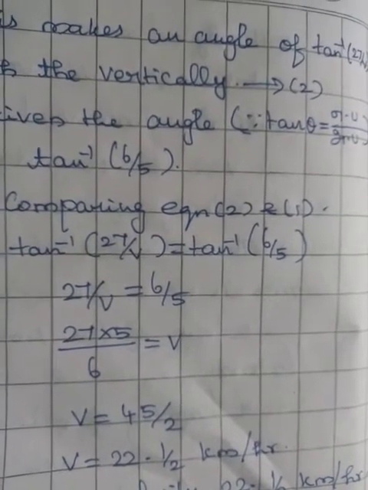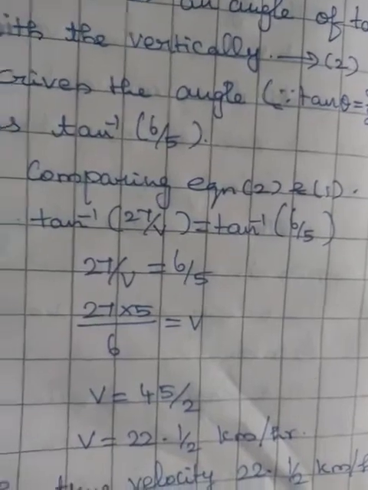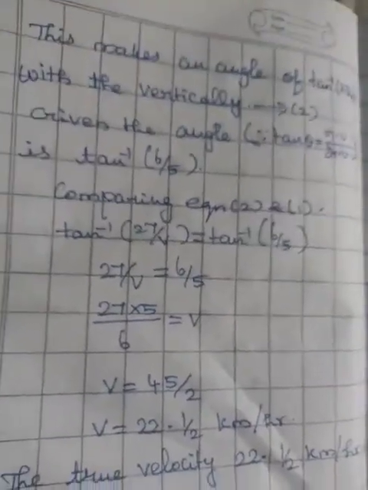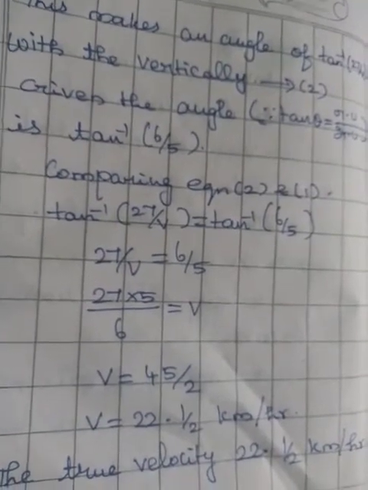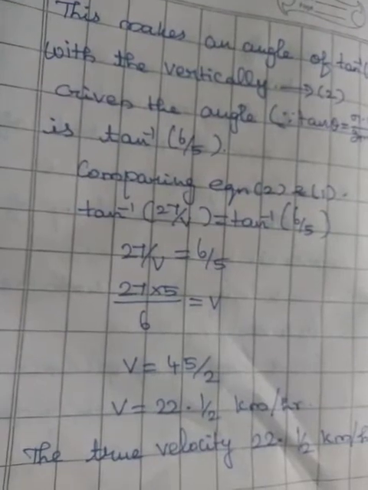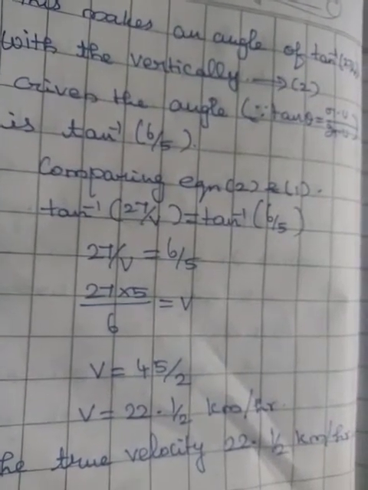Cross multiplying, we get 27 into 5 divided by 6 equals V. V equals 45/2. V equals 22 and 1/2 kilometers per hour. The true velocity is 22 and 1/2 kilometers per hour.